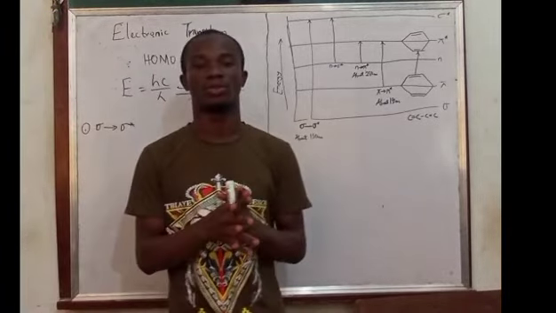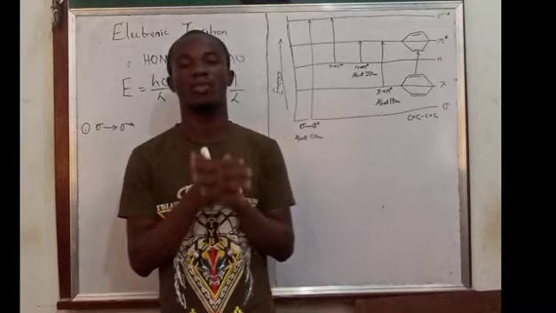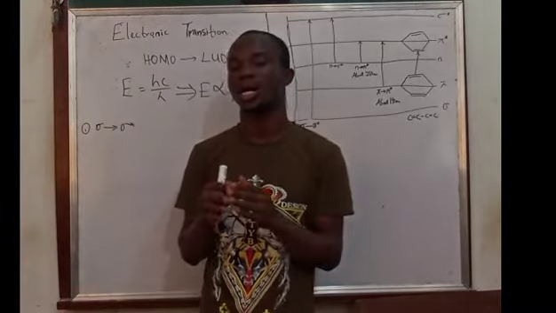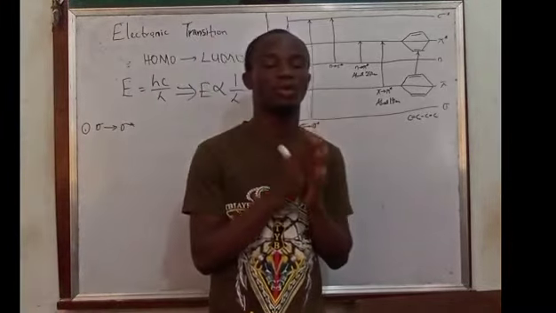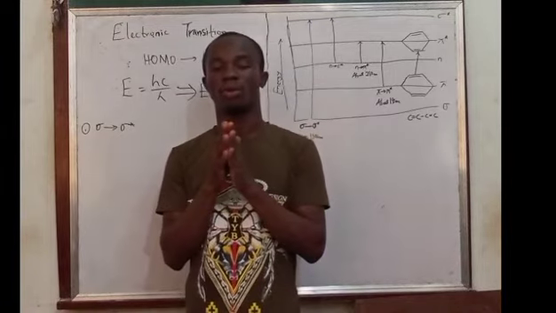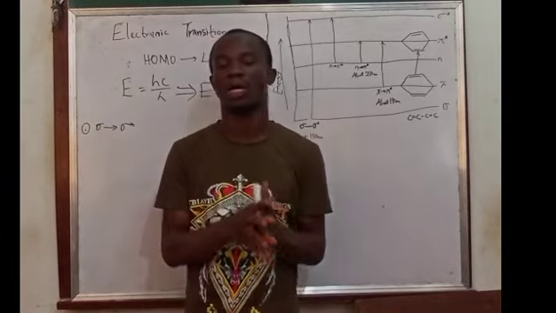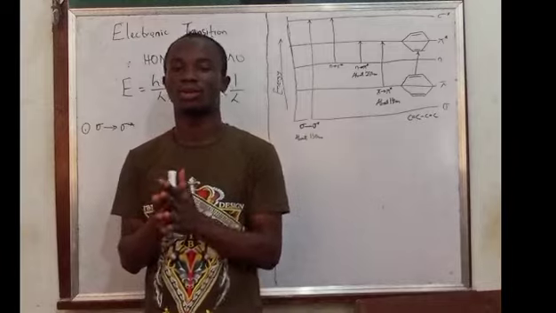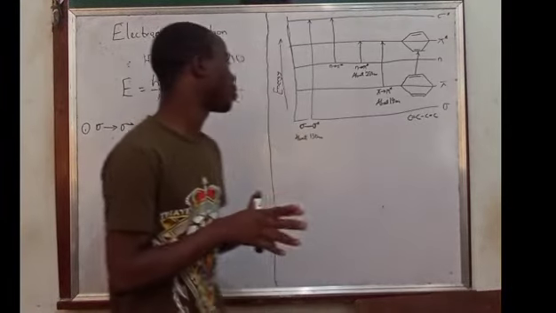In the video before this one, we mentioned that the regions of the electromagnetic spectrum that we consider in UV spectroscopy are from 200 to 400, which is the ultraviolet part, and from 400 to 800, which is the visible part.